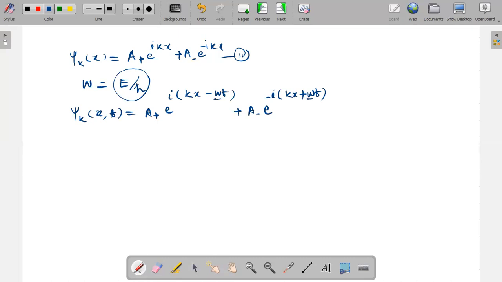Again, I will divide into this one. Omega equal to E upon h cross, which is equal to h cross k square.